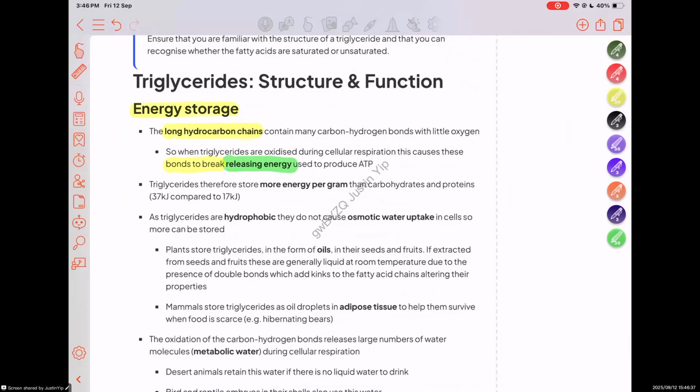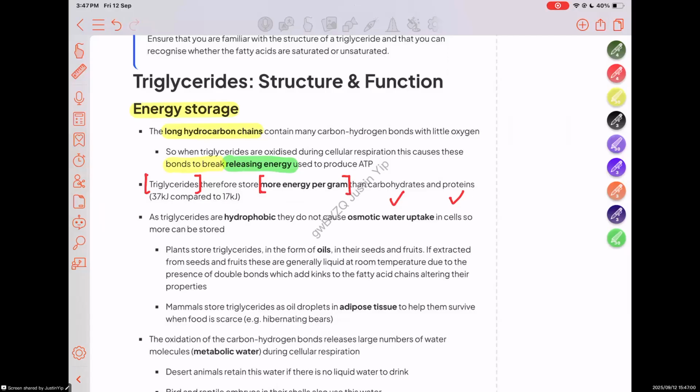And for your information, triglycerides have more energy per gram than carbohydrate and protein. In simple words, lipid has more calories than carbohydrates and proteins.